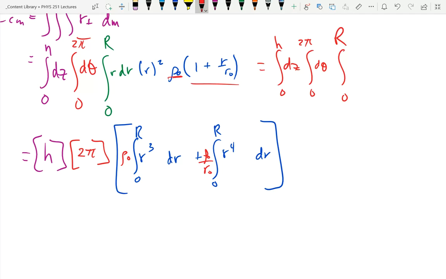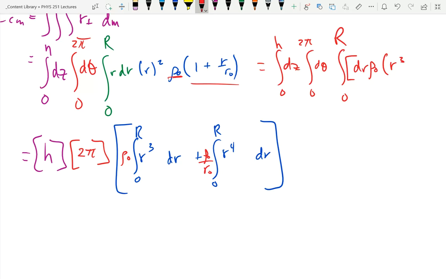If we multiply this through, we have dr, and everything is multiplied by rho 0. And then we have r times r squared is r cubed times 1, which is r cubed.